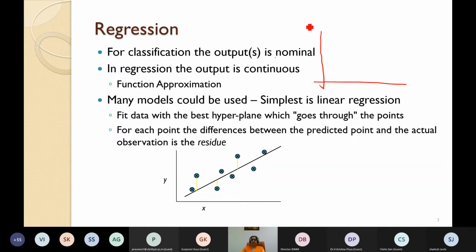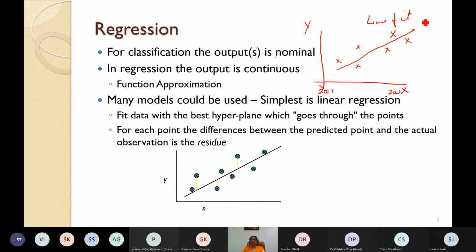So, as you can see, when you go for the demand forecasting, and this is your y and this is your x, the actual demand points, let's say from 2011 to 2020, might fall at different places, and then you try to fit a straight line which is known as the line of best fit.